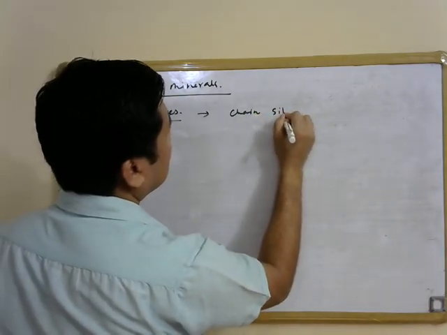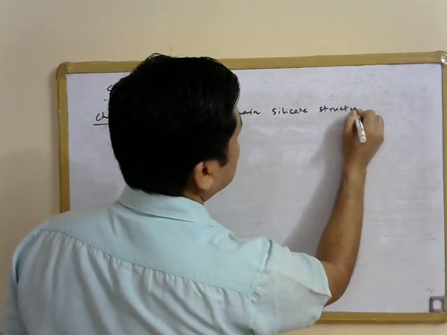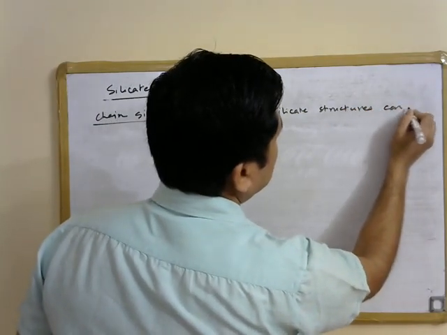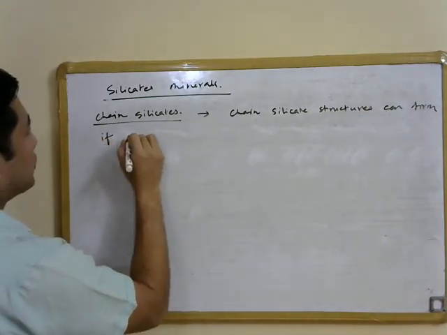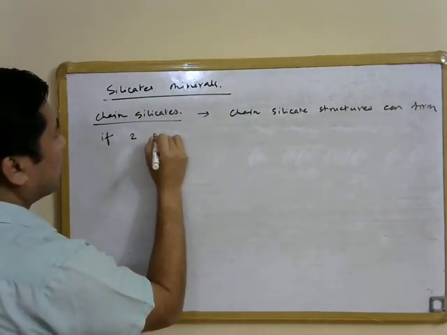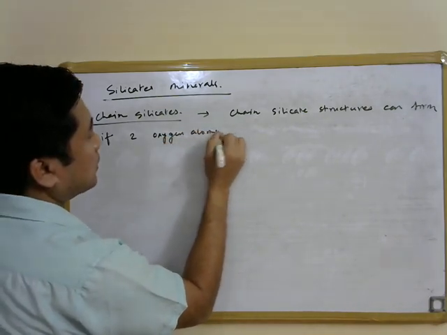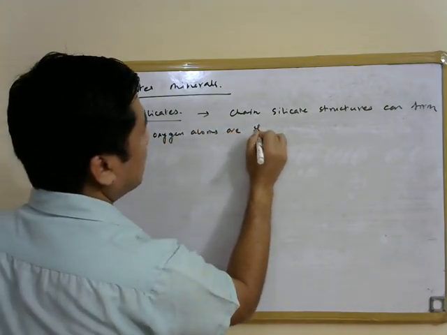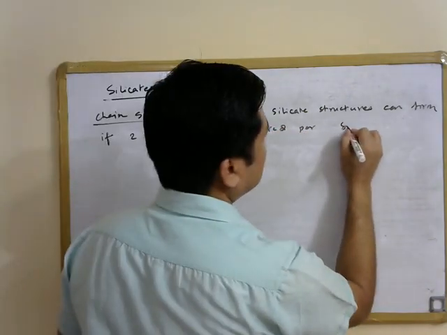Chain silicate structures can form if 2 oxygen atoms are shared per SiO4 unit.